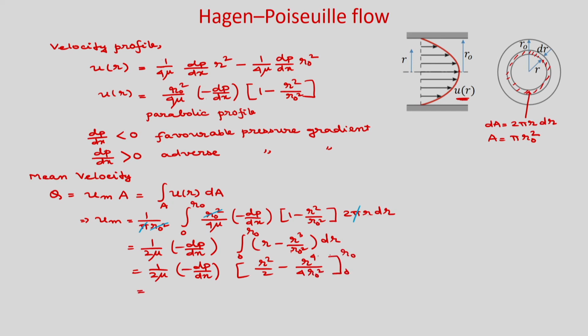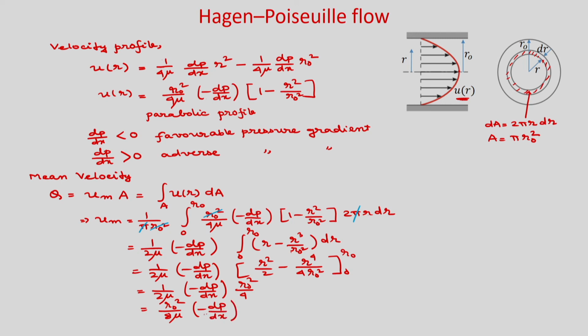If you put in the values, it will be r naught square by 2 minus r naught square by 4, so it will be 1 by 4. So, you will get 1 by 2 mu, minus dp by dx, into r naught square by 4. Hence you will get u_m as r naught square by 8 mu, minus dp by dx.